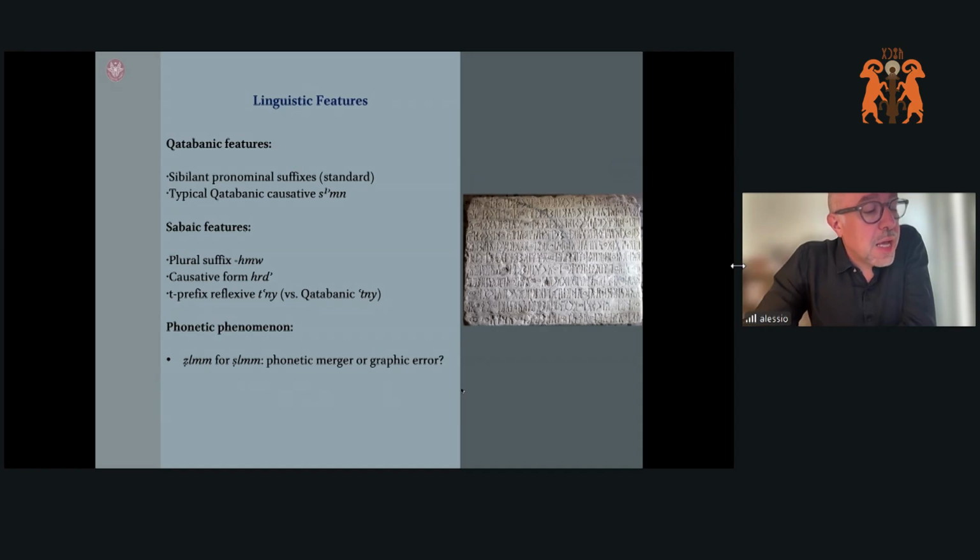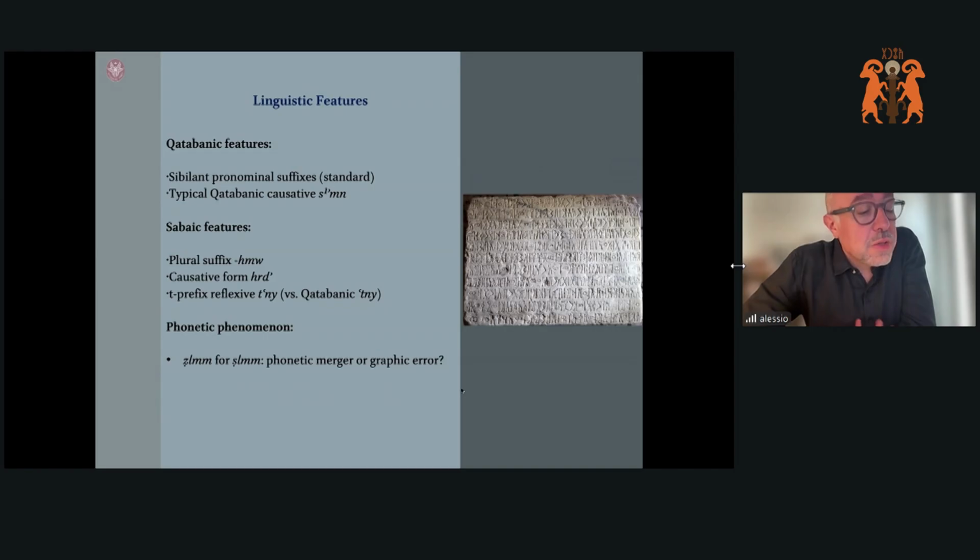Another noteworthy aspect is the use of the term thalamum for statue rather than salamum, which may indicate confusion between the emphatic, the zain, and the sade. This phenomenon, which appears to have become more prevalent from the 3rd century CE onwards, has been interpreted in various ways.